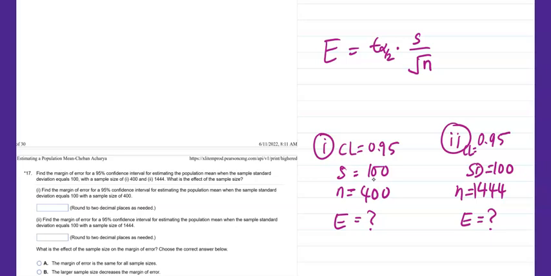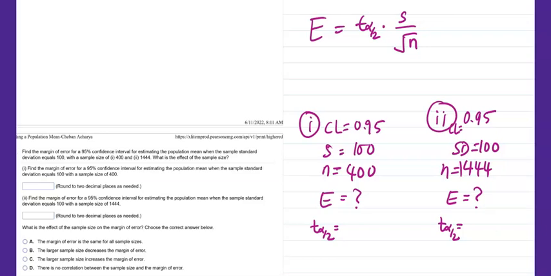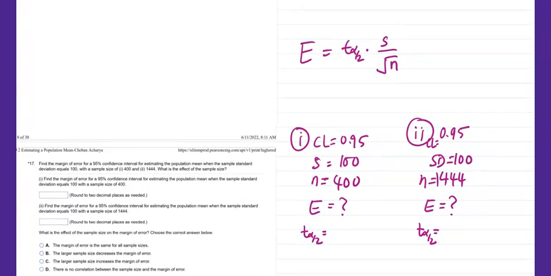So basically in this question I'm looking for the critical value here, and the critical value here. As long as I know the critical value in both cases, I can use the formula to find the margin of error, so I can put the answer. So what's the critical value in each case?